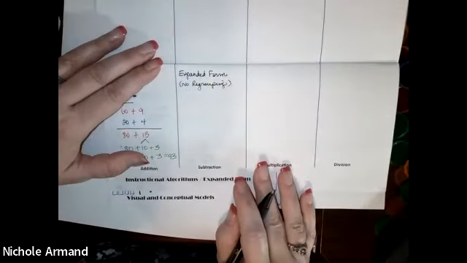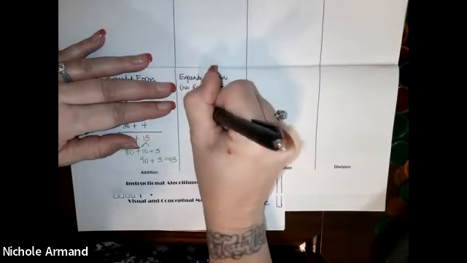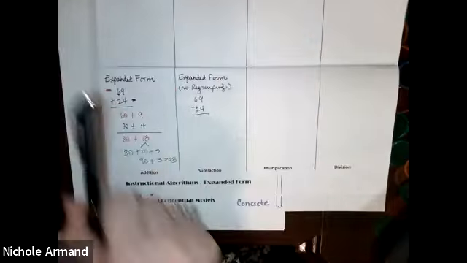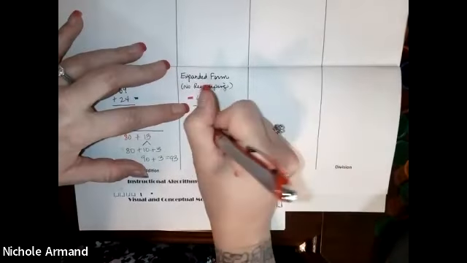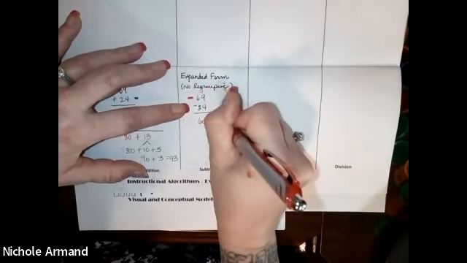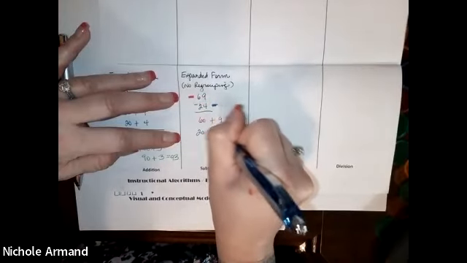All right, so this time let's do 69 minus 24. Okay, so this time we're going to have our same 60 plus 9 and 20 plus 4.